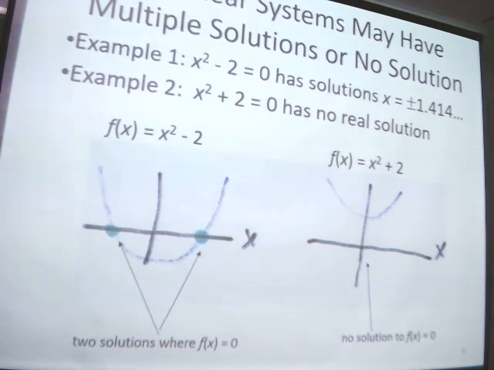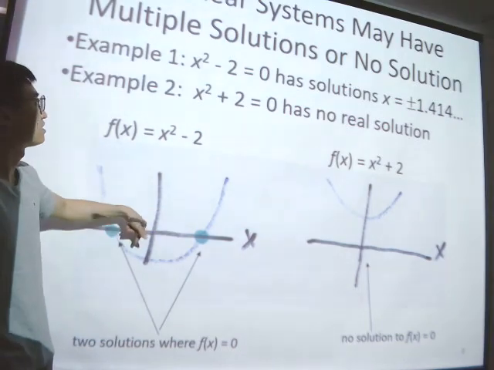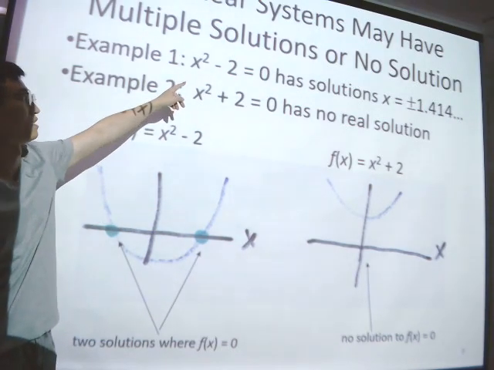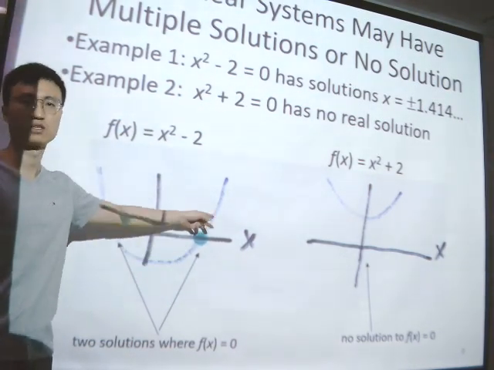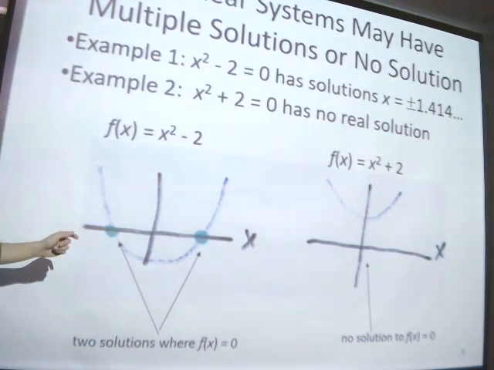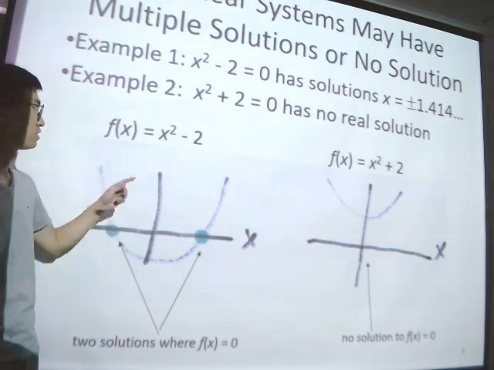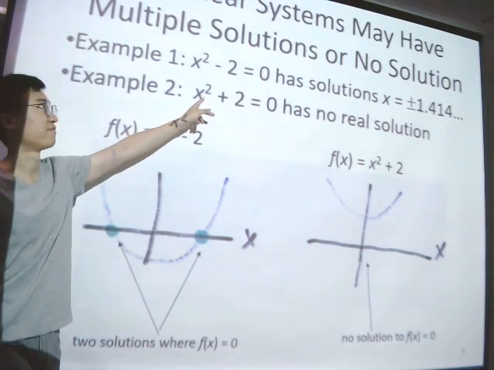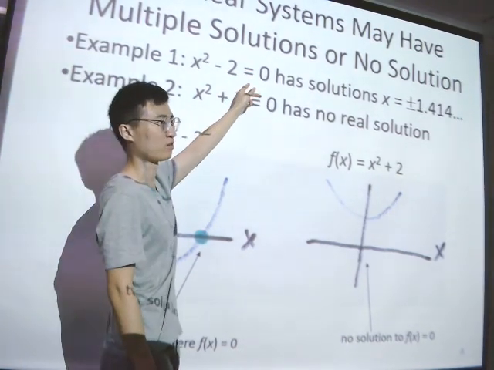This is a mathematical example with multiple solutions. The first one is a curve: the square of x equals 2, so we want the solution that makes this function equal to 0.